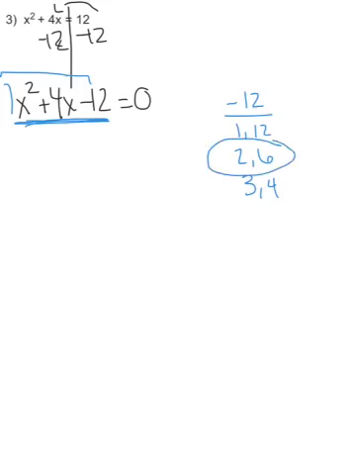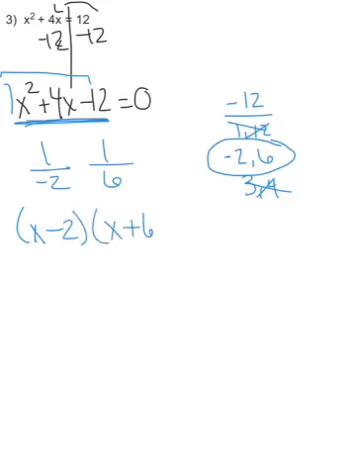So if we look at the 2 and the 6, we can say negative 2 times 6 is negative 12. Negative 2 plus 6 gives us positive 4. So we'll make our fractions. 1 on top, since that's in front of the x squared, a negative 2 and a positive 6. So our parentheses would be 1x minus 2, 1x plus 6.